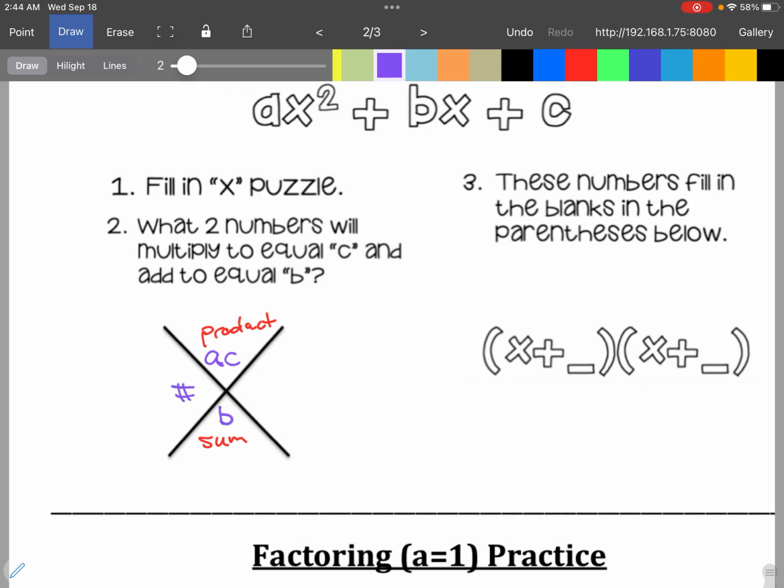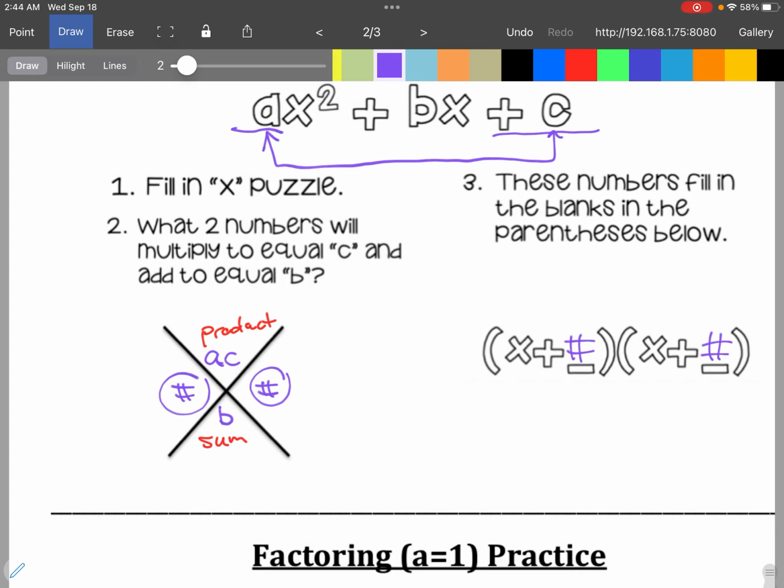Your job is to go shopping for 2 special numbers. Once you find these two numbers, they go into the parentheses for your answer. So first thing we do, we take our A value and multiply it with the C value. Remember, A is the number in front of x squared.